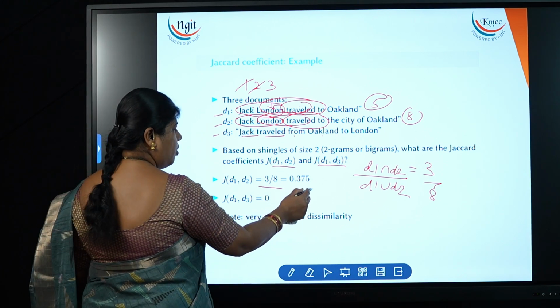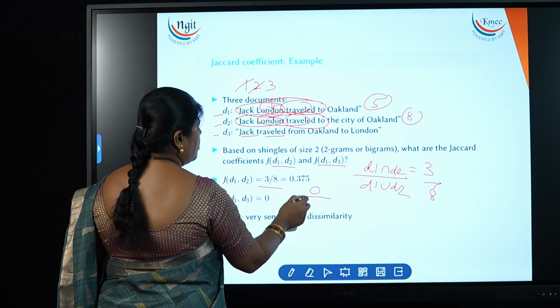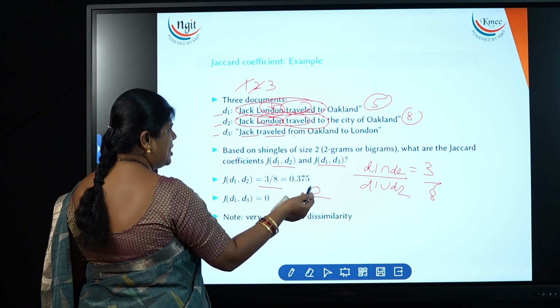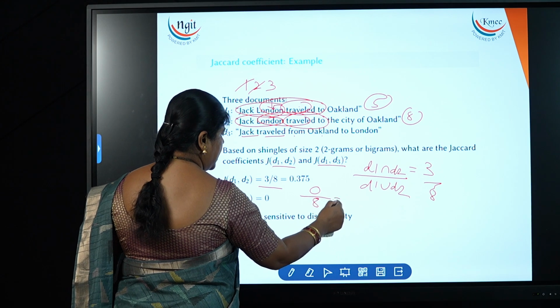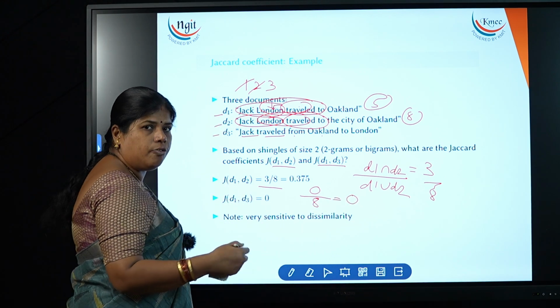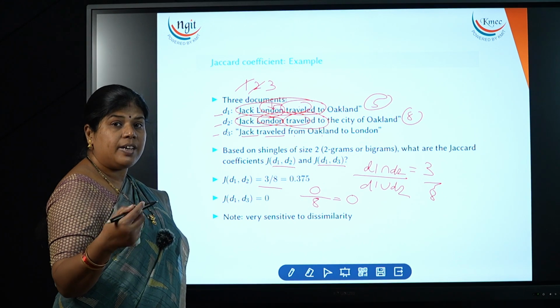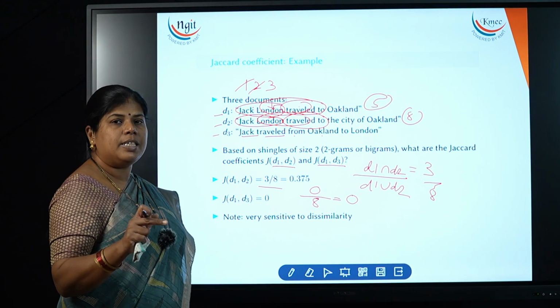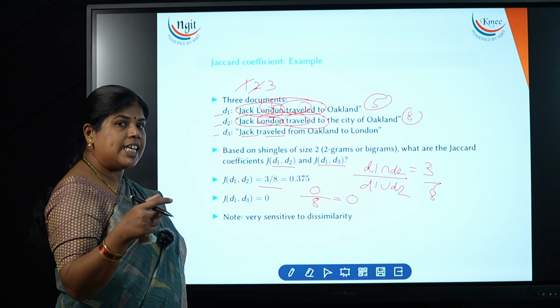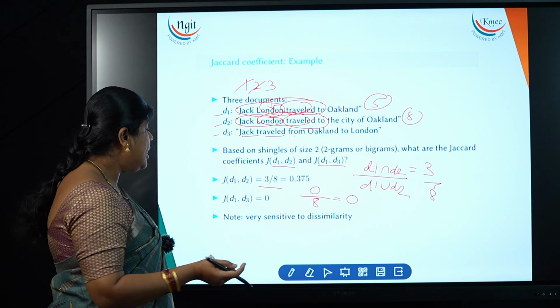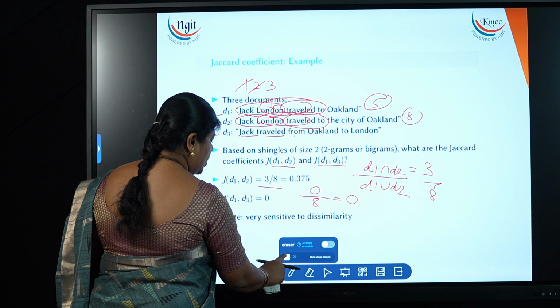So the intersection will be what? 0. And what will be the union size? The maximum size, that is 8. Now what will be the Jaccard coefficient? 0. Okay. So this is very sensitive to dissimilarity. It means it is not an exact duplicate; it is a near duplicate. Are you understanding?